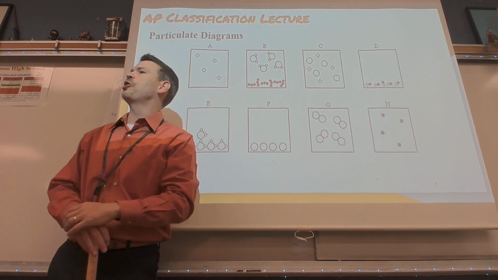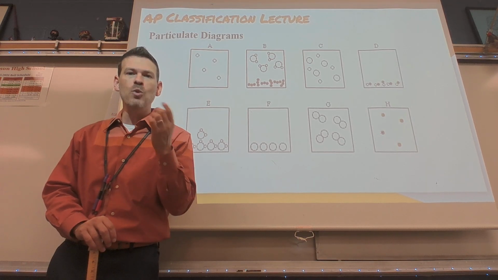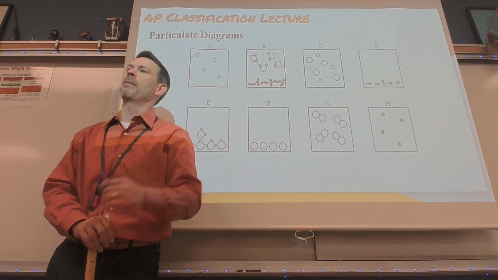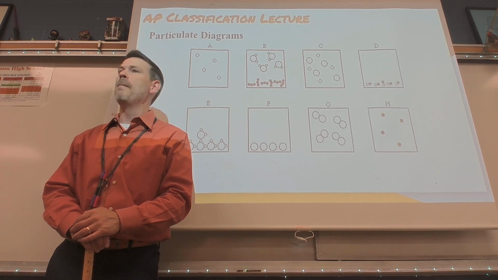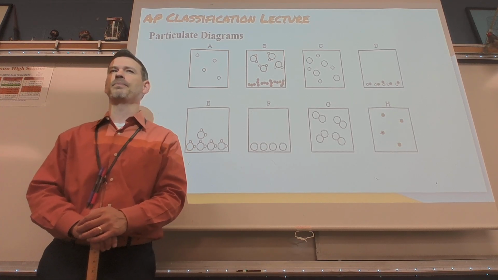Are all of those shapes connected? No. The moment you have disconnected different shapes, it's a mixture. But mixtures are either homogeneous or heterogeneous, so we can keep going on this.